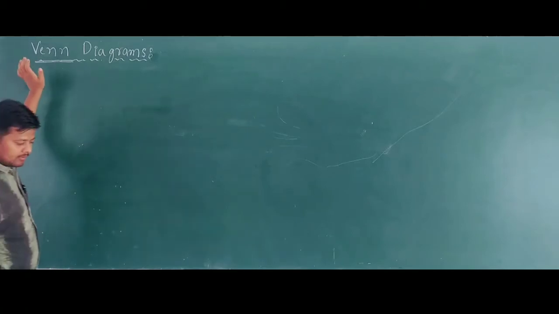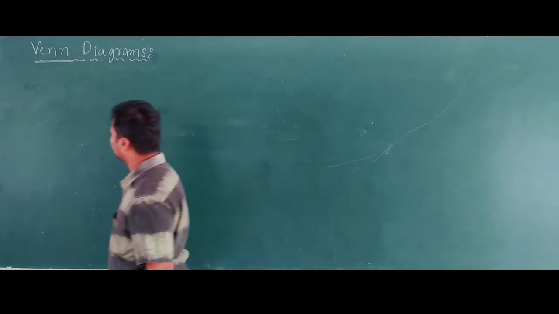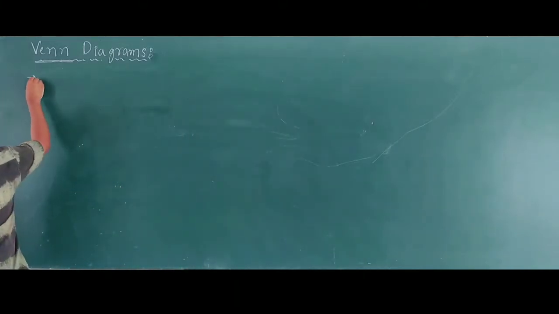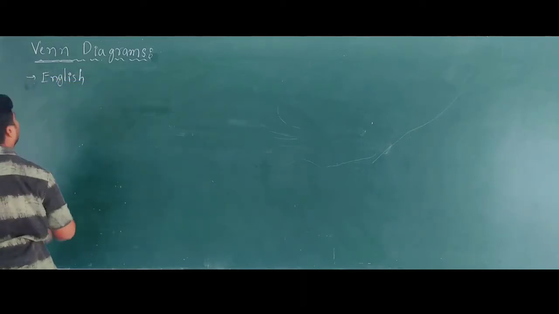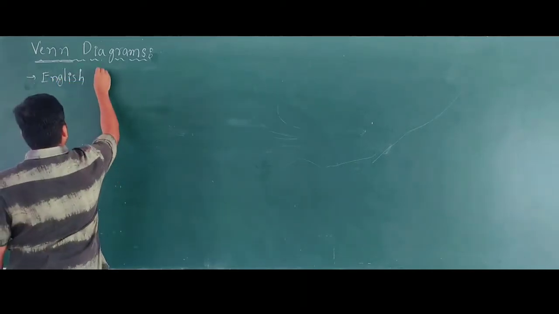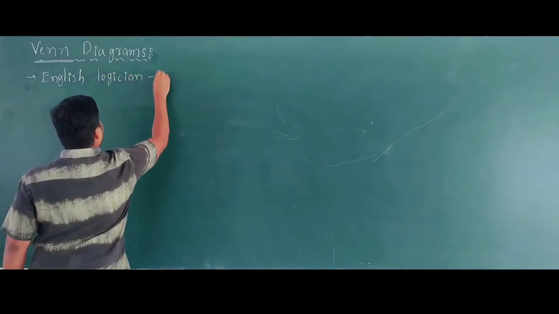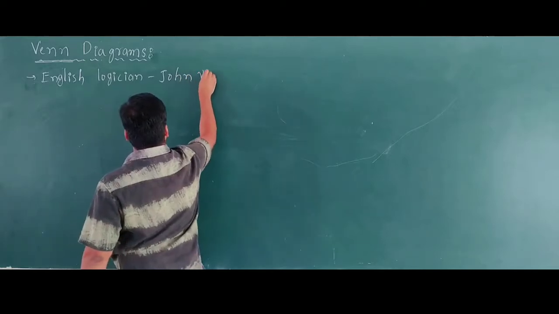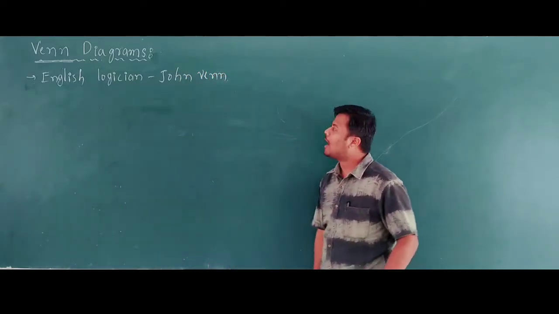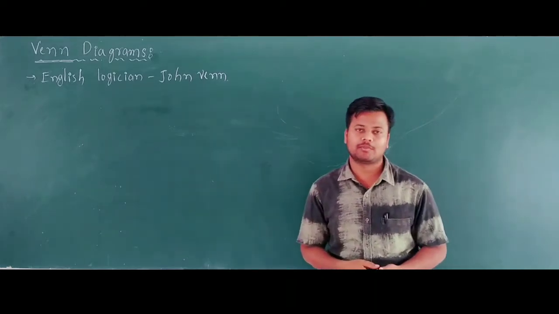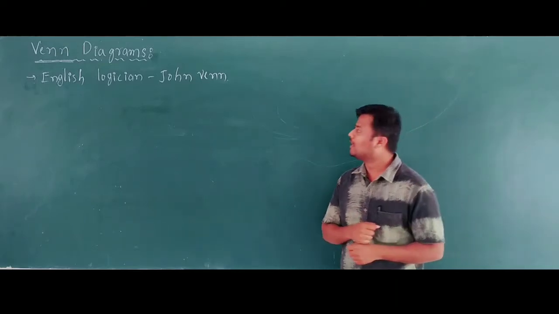This name, Venn diagram, came after the English logician John Venn. He is the person who gave the idea about Venn diagrams. He is the person who represented relations of sets in diagrams.